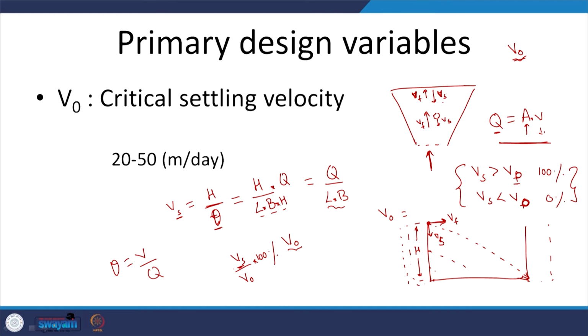So in general, what are the different cases? For type 1, we are only concerned with V naught. For type 2 settling, we are concerned with V naught and also how much time it is spending, theta, or h. So it has to be a combination of at least two of these three variables. What is the critical settling velocity that we typically look at? It's 20 to 50 meters per day.